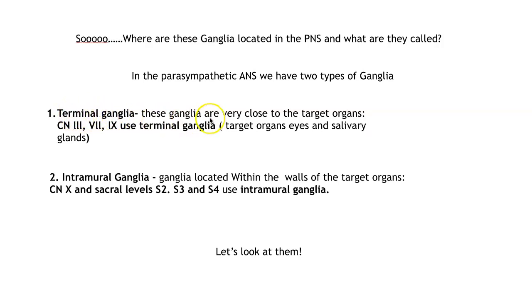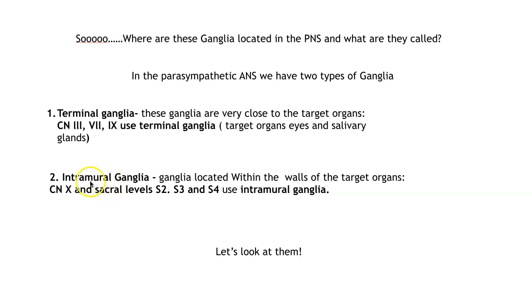These ganglia are very close to their target organs. I'll show it to you in a little bit. Who uses terminal ganglia? Cranial nerves 3, 7, and 9. And their target organs are going to be the eyes and the salivary glands. They're using the terminal ganglia for their synapse.